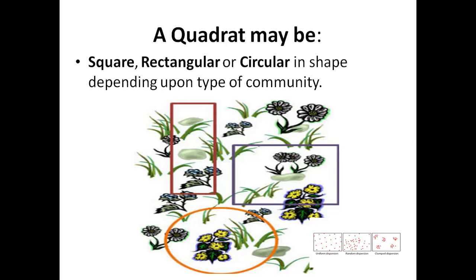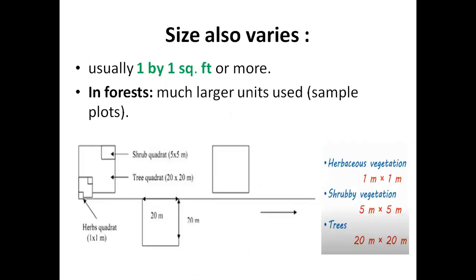So keeping this in view, rectangular quadrats are mostly used for clumped studies, whereas circles and squares also depend upon the community. So keeping in view the community type, like their life form, the quadrat shape is selected.